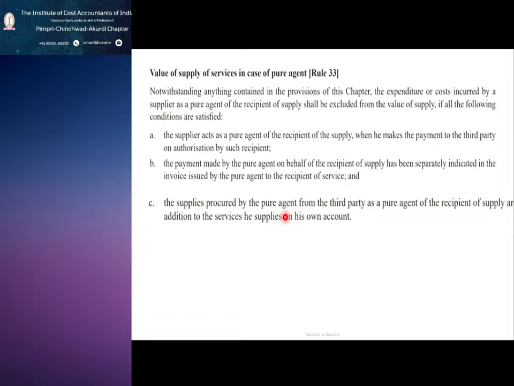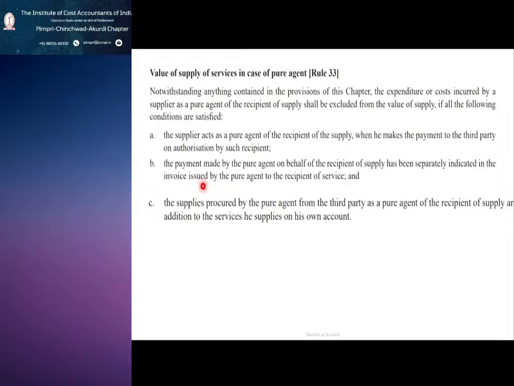So pure agent means who? The supplier acts as a pure agent of the recipient of supply when he makes payment to the third party on authorization by such recipient, and the payment made by the pure agent on behalf of the recipient of supply has been separately indicated in the invoice issued by the pure agent.